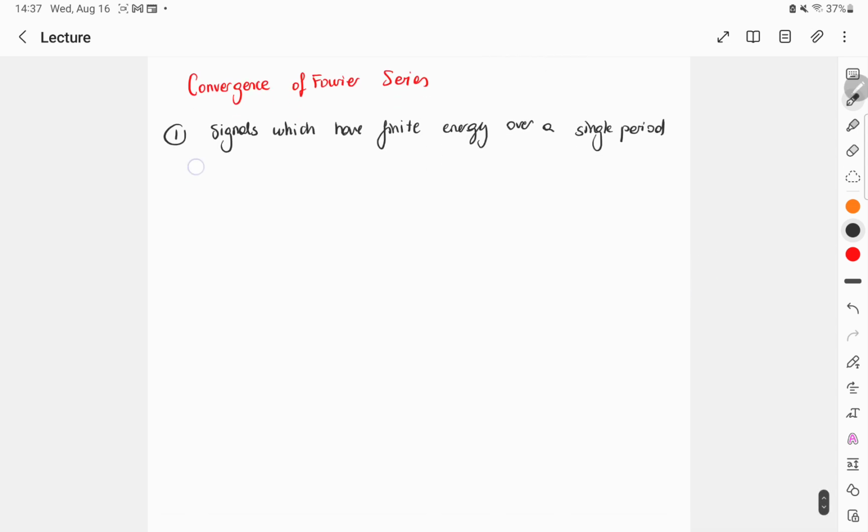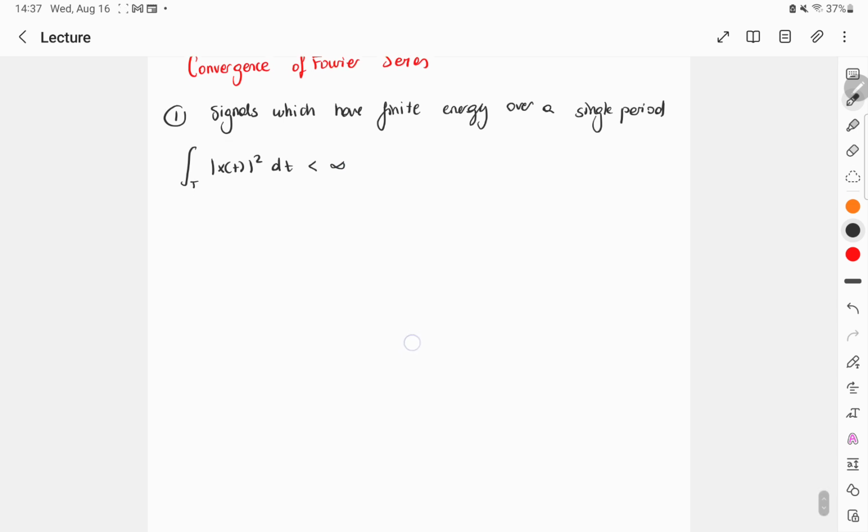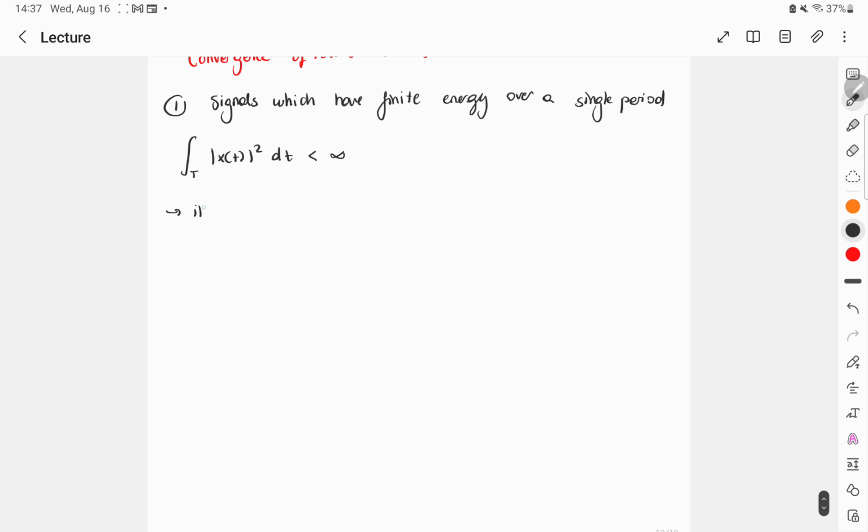We can show it like this. The square of the signal should be less than infinity, should be finite. If this is guaranteed, then we can say that the coefficients are finite.